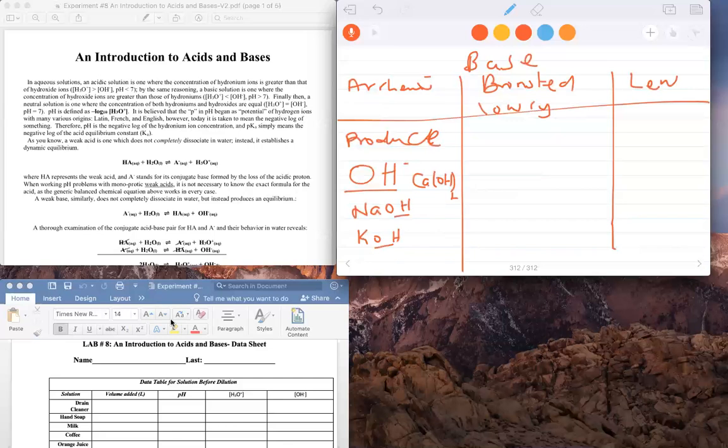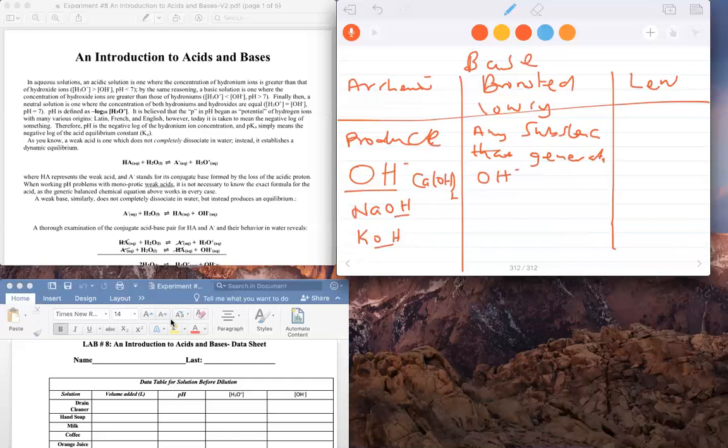Now, the Bronsted-Lowry definition of a base doesn't have to have OH. This is simply defined as any substance that generates OH.